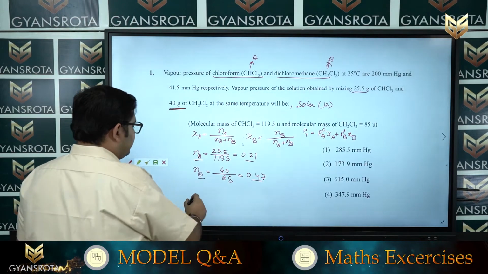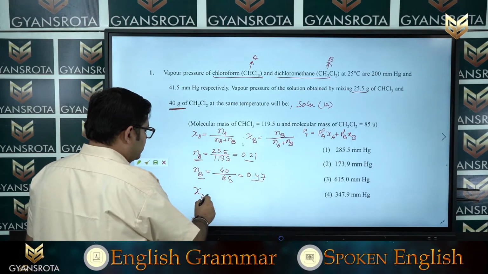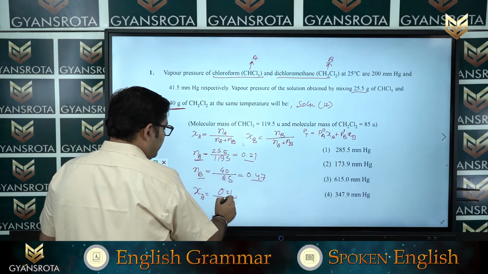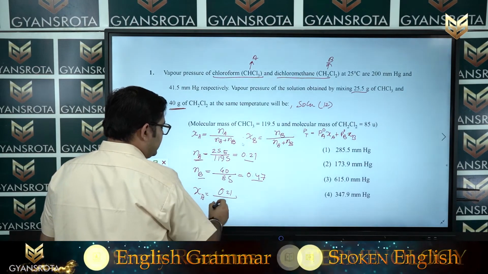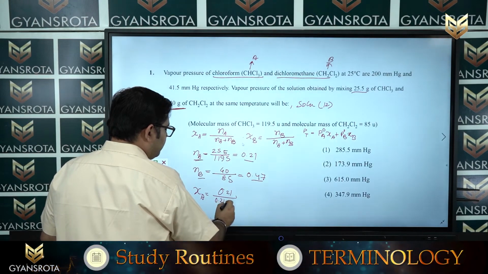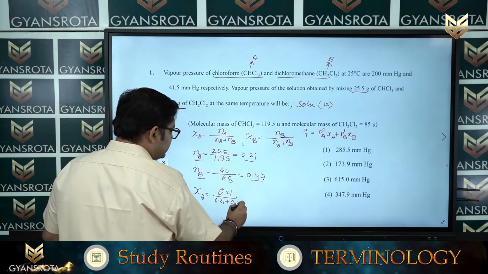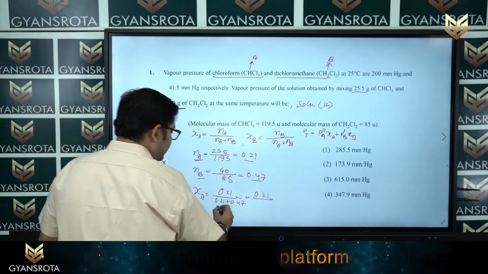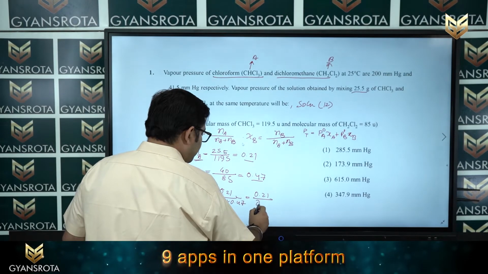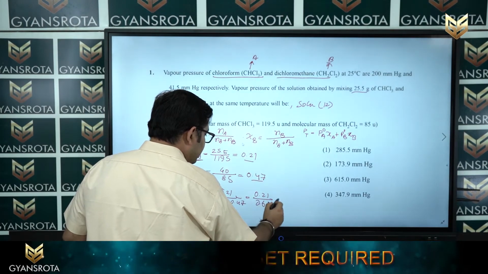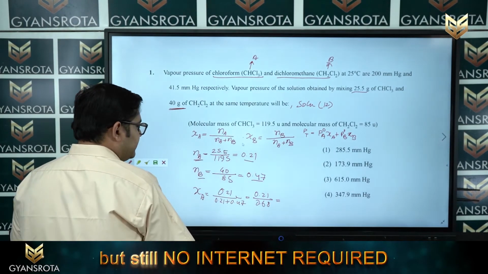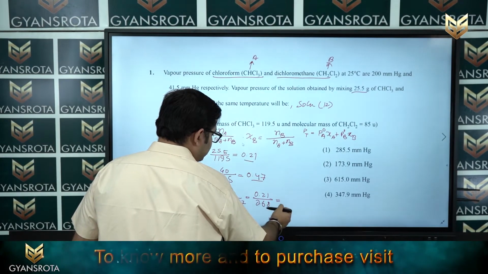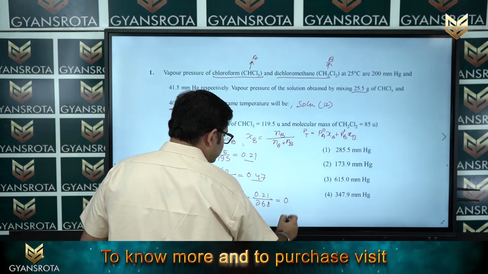Now see the value of mole fraction of A. It will be 0.21 divided by 0.21 plus 0.47, that is 0.21 divided by 0.68. This ends up around 0.31.